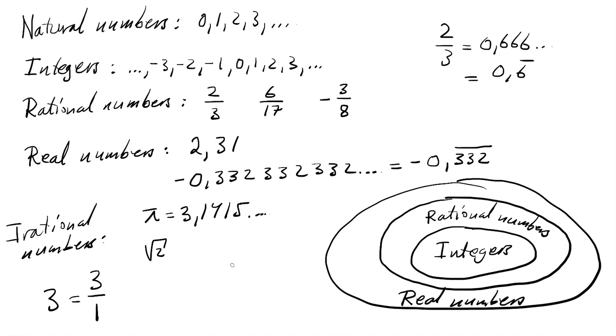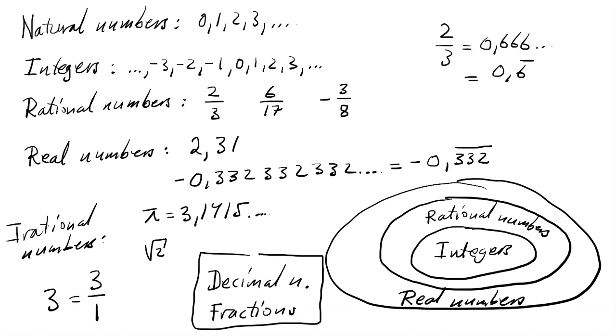Then you should also make a note that these are different kinds of numbers. Then we also have, like I talked about, the decimal numbers. And we have all numbers we can write as fractions. But these are not different types of numbers, just different ways of writing numbers. So this is just two different ways of expressing numbers.